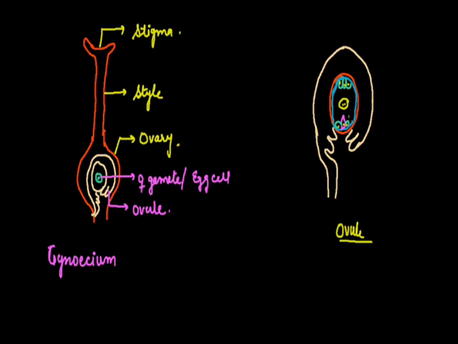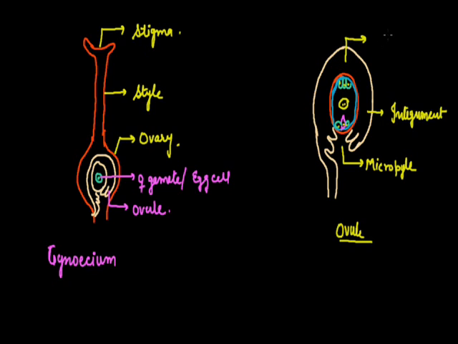This skin-like structure is known as the integument. The integument is absent at a point, and this point is called the micropyle. This provides a space for the pollen tube to enter.